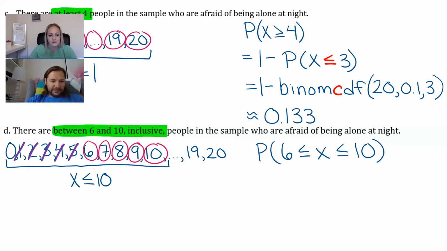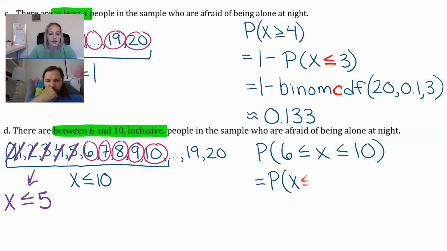I don't want 0 through 5, which I can write as x less than or equal to 5. So the probability that x is between 6 and 10 is the probability that x is less than or equal to 10 minus the probability that x is less than or equal to 5.